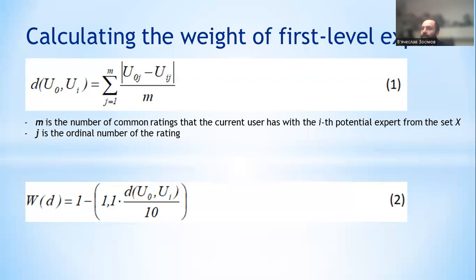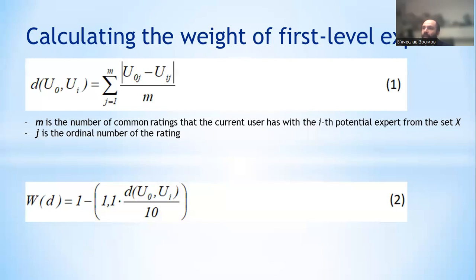expedient to consider as a metric D in the metric space (X, D), where X is the set of all system users. The function D satisfies the axioms of identity, symmetry, and triangle inequality, but it cannot be defined for every pair of elements in the set X, since not all users have common ratings.